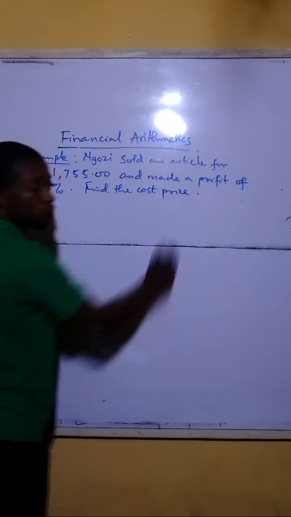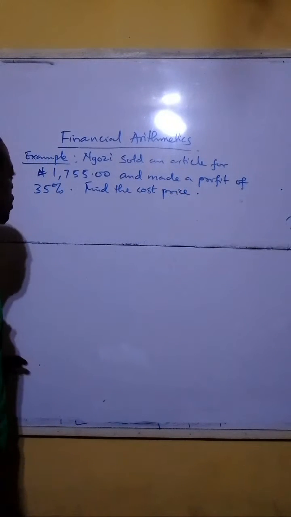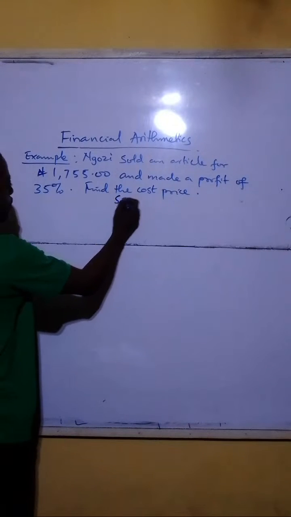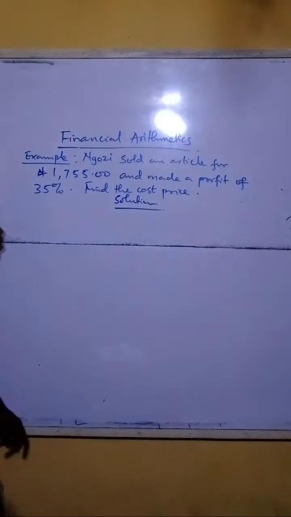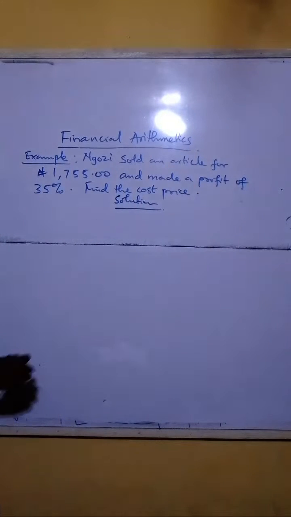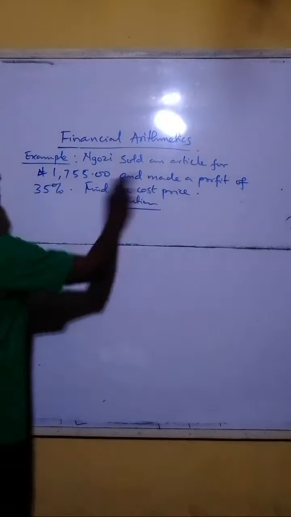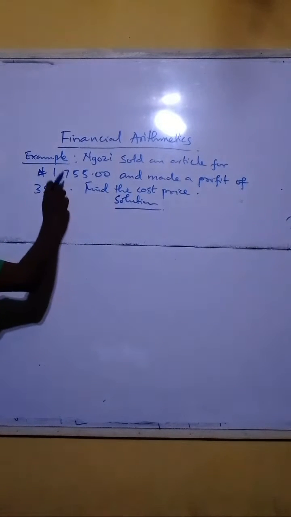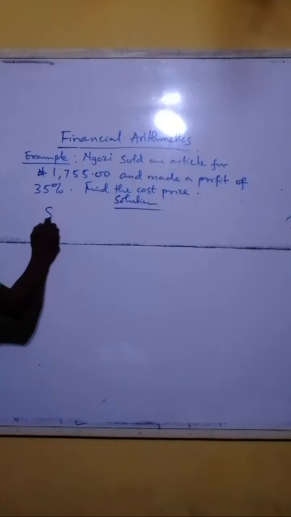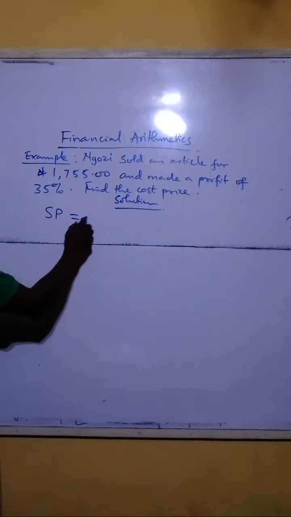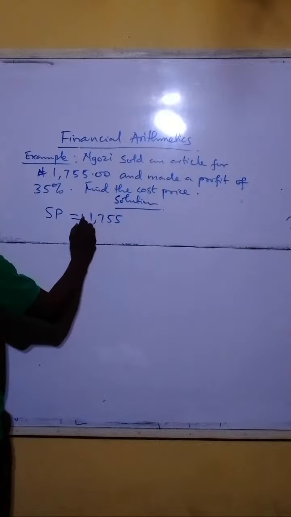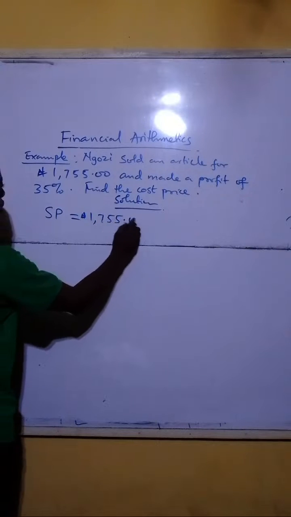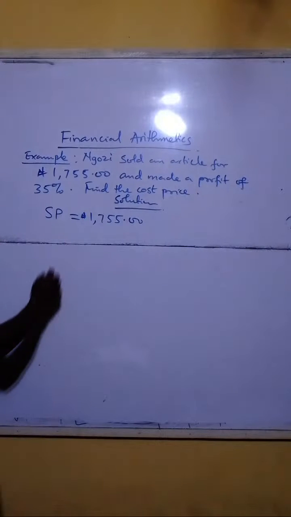From this particular question, we identify what we are given. We are given the selling price, because they say Ngozi sold an article for 1,755 naira. So the selling price SP equals 1,755 naira 00 kobo, and made a profit of 35%.